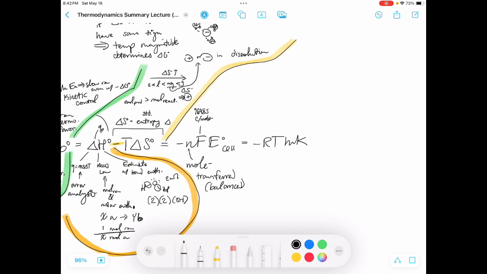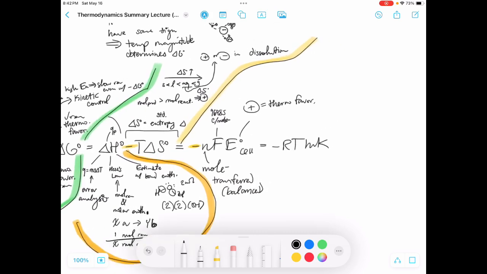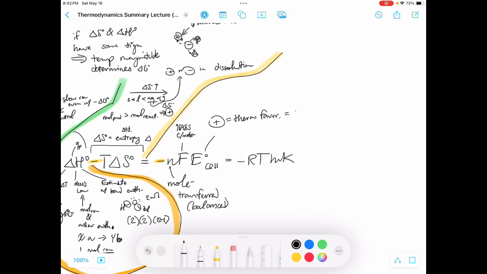Really, the important thing here is to recognize that because this term right here is negative, if your E naught cell is positive, that means it's thermodynamically favorable. Because a positive E naught cell makes a negative delta G because of that negative sign in front. That's also a galvanic or voltaic cell. Okay, if it's negative on the other hand, it's thermodynamically unfavorable. And that makes it electrolytic.